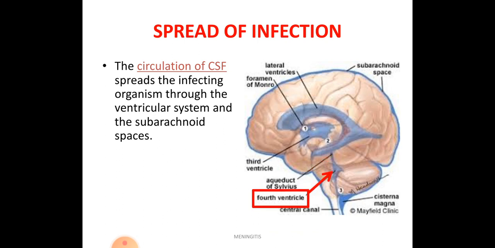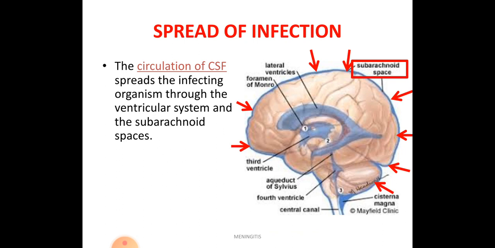Clear? From the fourth ventricle, it enters the subarachnoid space through different foramina, like the foramen of Magendie and foramen of Luschka. So this is CSF circulation. Now obviously if the CSF is contaminated, in this way it will also spread the infection to different spaces, like the different ventricular systems as well as the subarachnoid spaces.